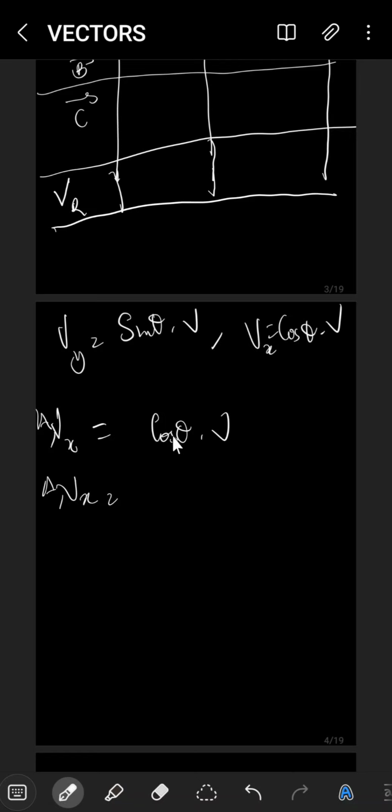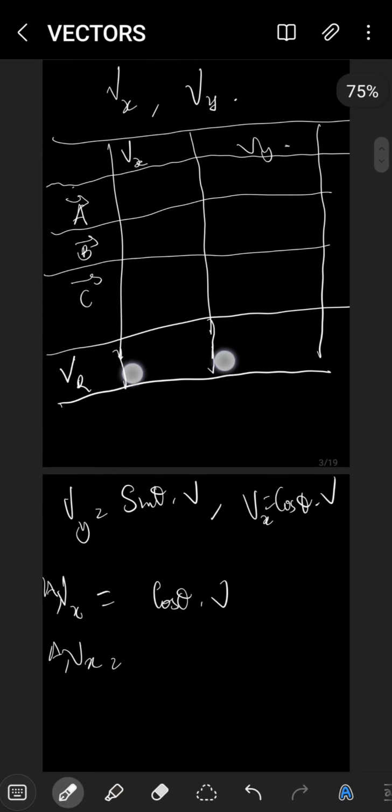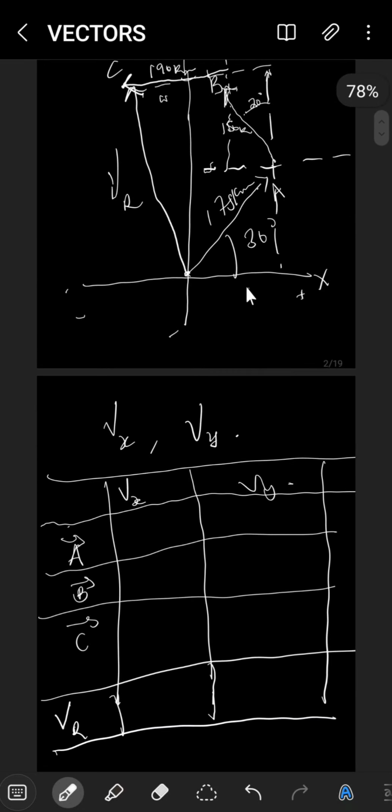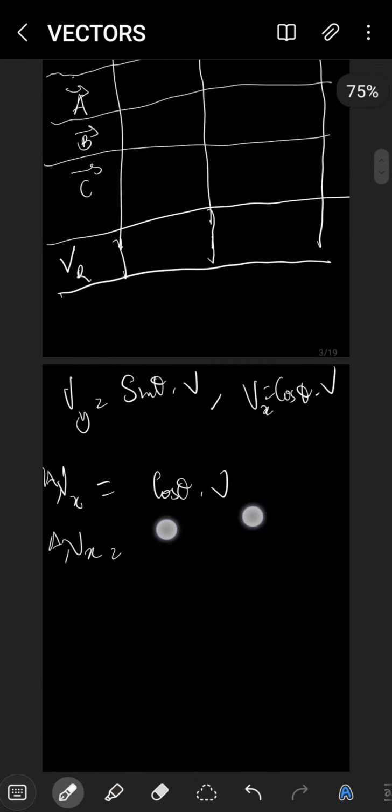Theta is the angle. We said in the previous video the angle should always come from the positive x-axis. We already drew the 30 degrees, and it was indeed coming from the positive x-axis, this is your positive x-axis, and this is your negative x-axis, so we take it as it is.